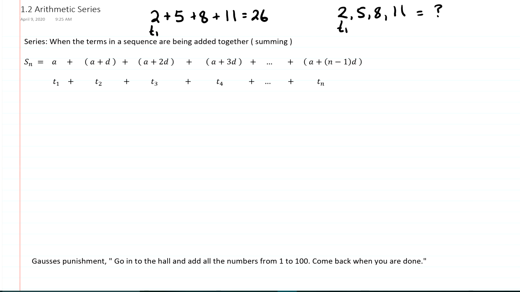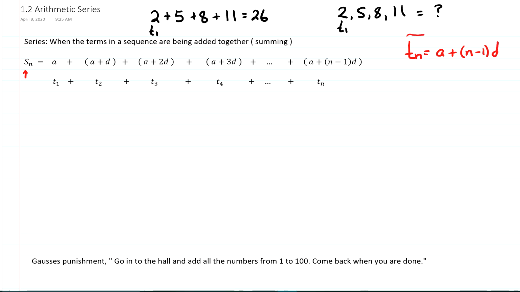So if we denote Sn to be the sum of the first n terms, then we would get a being the first term, then a plus d, a plus 2d, a plus 3d. And then we have this weird thing on the end, which is actually the Tn formula we learned yesterday: the first term plus n minus 1 multiplied by d.